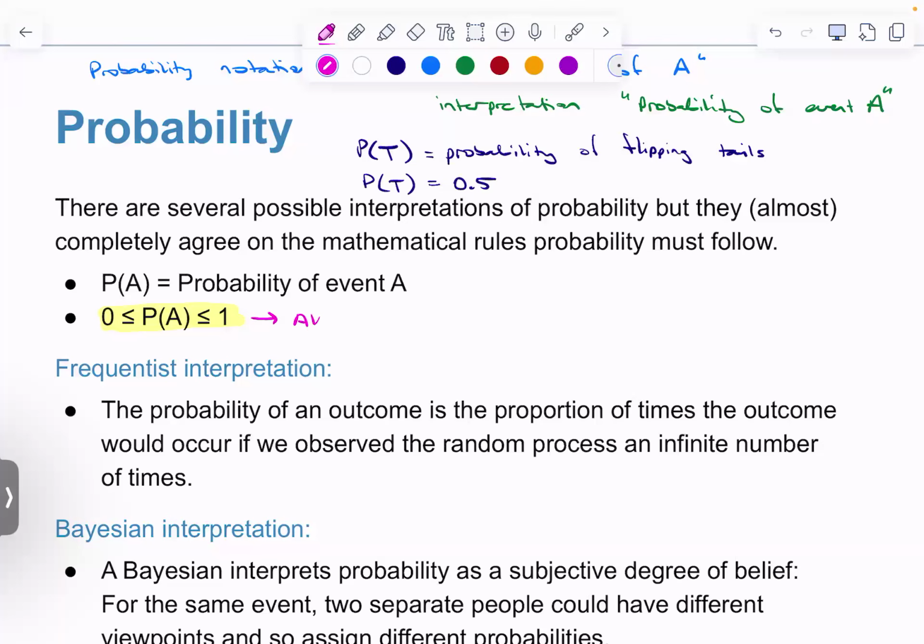If the probability is 0, that means it'll never happen. The probability of rolling a die and it being 7 is going to be 0, because it'll never happen.